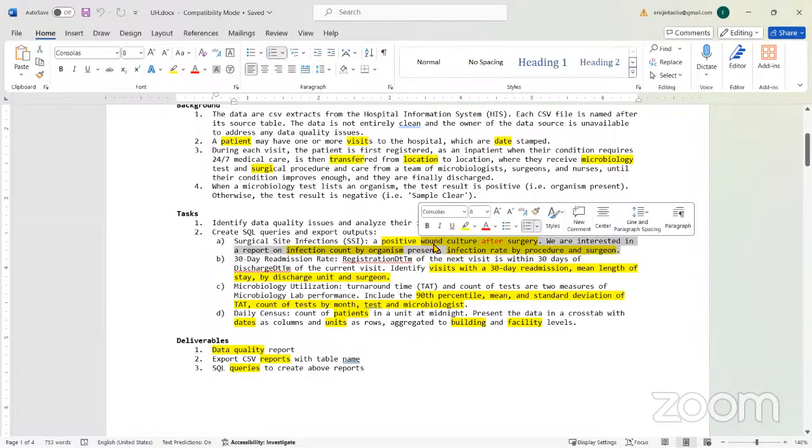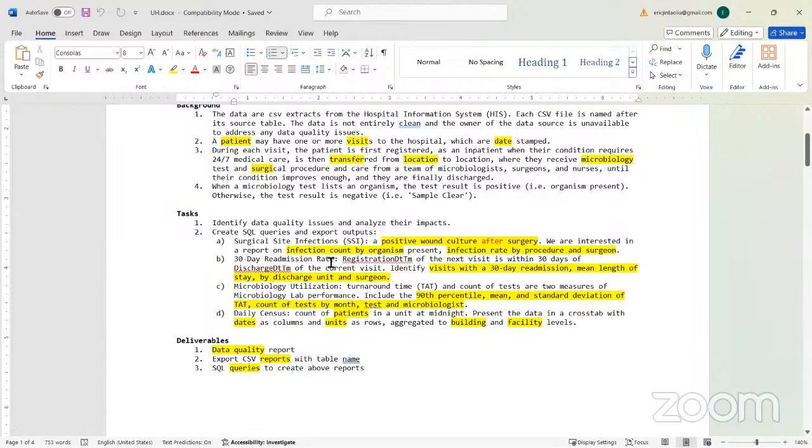So if the patient is tested after the surgery and the test was positive, then that's bad because she got an infection after the surgery, right? So the quality of the surgery is not good.